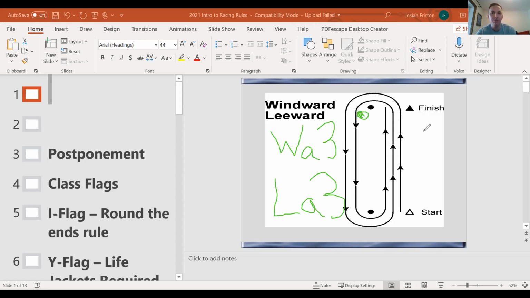If we finished to leeward, we would have that L, meaning that the finish line is to leeward, meaning you're finishing going downwind. A is that offset mark, and 3 is still windward legs. So LA3 would be the same course, except you would have one extra downwind leg, finishing downwind.